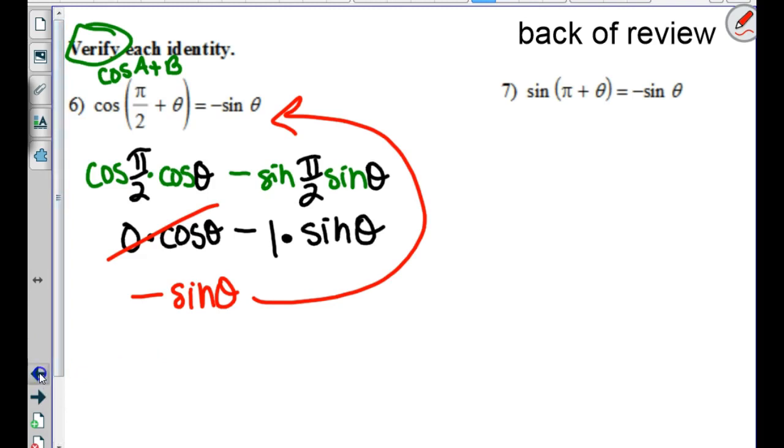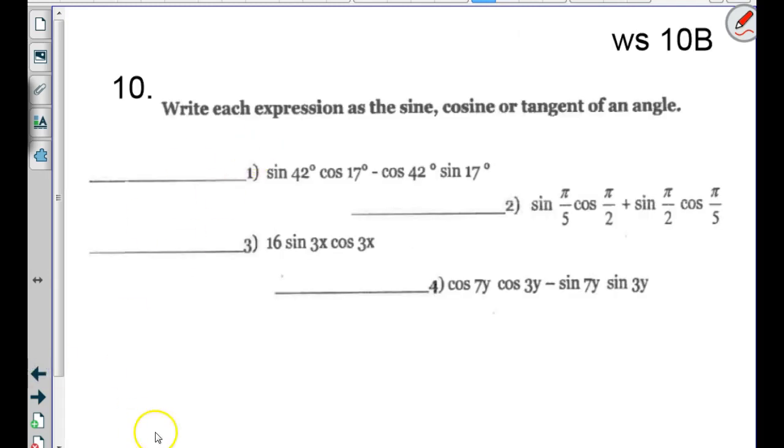The only other thing on that 5.4 section is some of this trading. Okay. So this is off 10B, some practice on this. Can you find the one that says on your peach sheet, which will be blue tomorrow, sine times cosine minus cosine times sine?